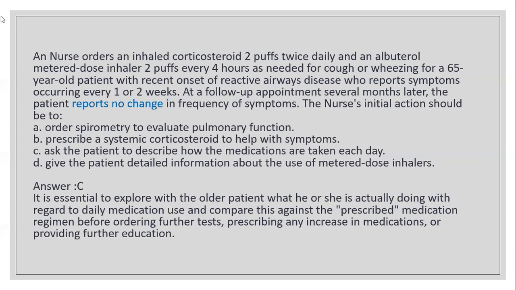Next question. A nurse ordered an inhaled corticosteroid twice daily and an albuterol metered dose inhaler every 4 hours as needed for cough and wheezing for a 65-year-old patient with recent onset of reactive airway disease who reports the symptoms occurring every 1 or 2 weeks.